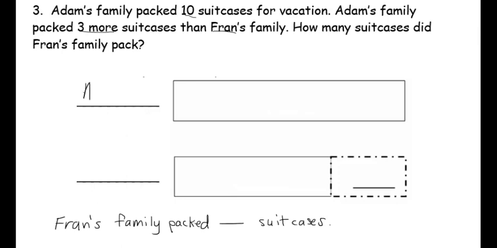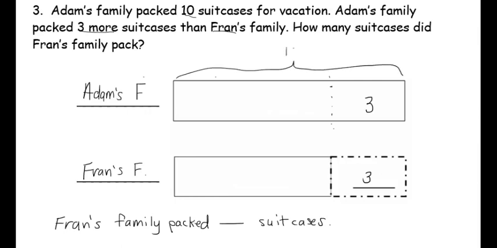So we'll put that one on top. So we'll say Adam's family. And then Fran's family. We know that Adam's family packed 3 more suitcases. So the difference in size here is going to be 3. We also know that Adam's family packed 10 suitcases altogether.